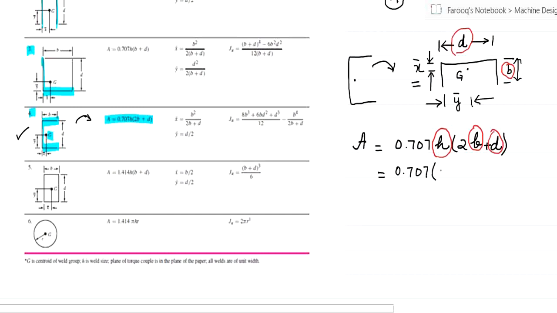0.707, leg size is 6, height is 56 times 2 plus width 190. So throat area comes out to be 1280 millimeter squared.